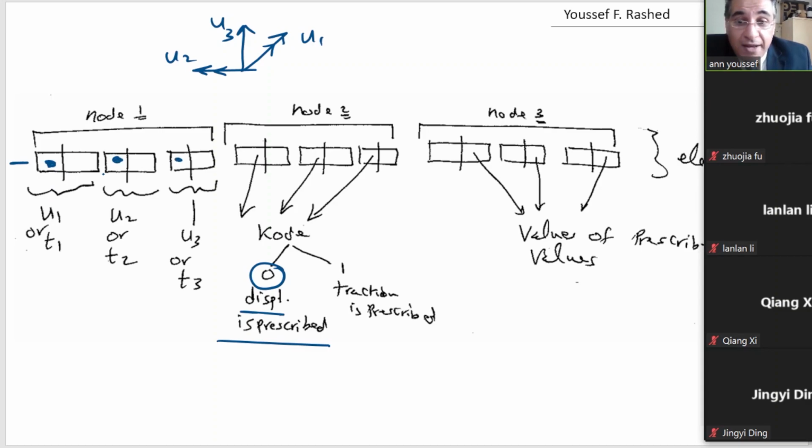This one is for U1, this one for U2, this one for U3. If the traction is prescribed, we put the value 1. We use this code by K, not by C, because we wrote this program in Fortran, and Fortran usually treats K as an integer value. So if it is 0, that means displacement is prescribed, and if it is 1, the traction is prescribed.